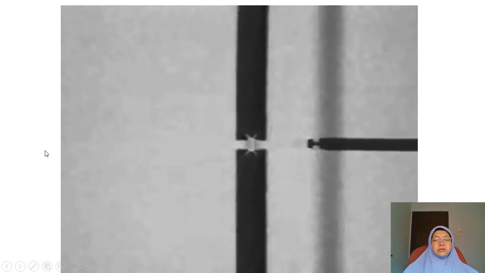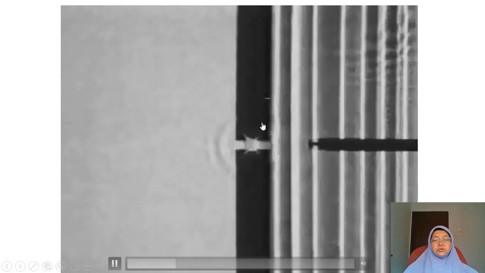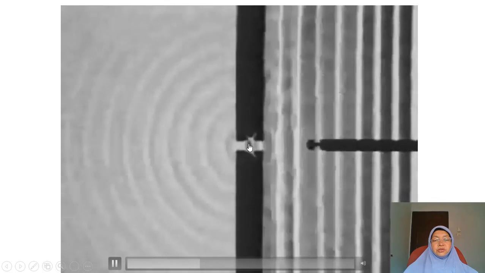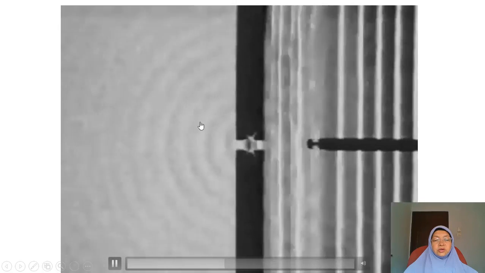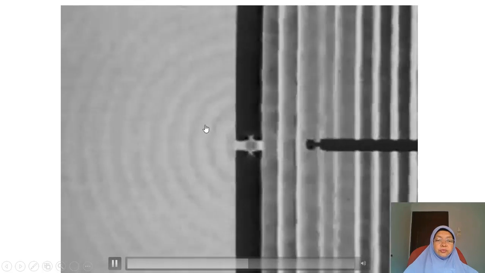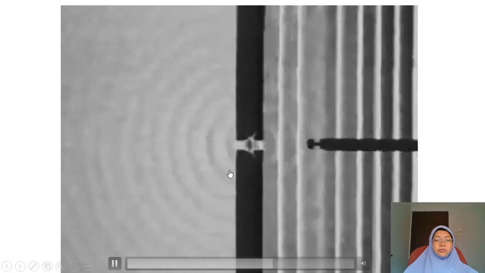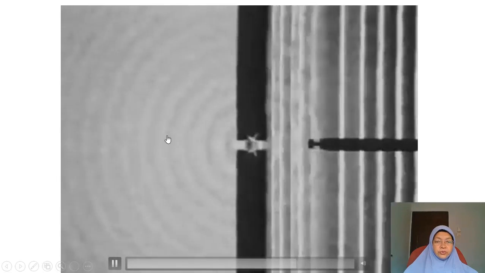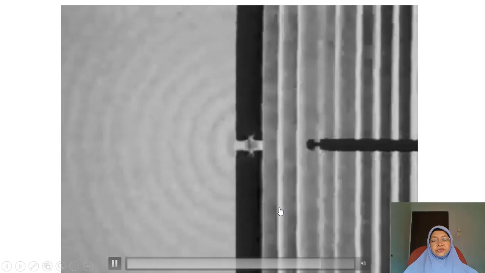This is the result from the experiment. The plane wave passing through a smaller gap has spread out and formed a wave in the shape of a circular wave. So before entering is a plane wave, after entering is the circular wave.